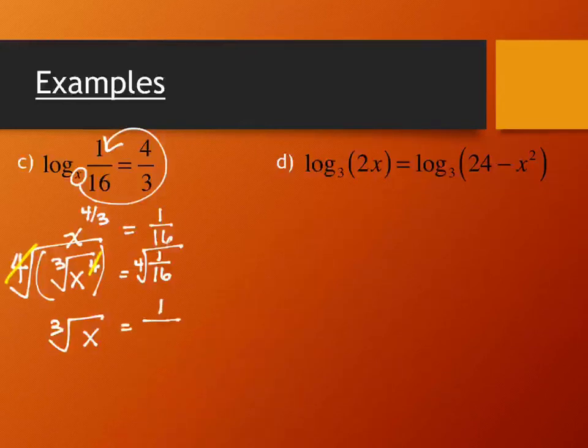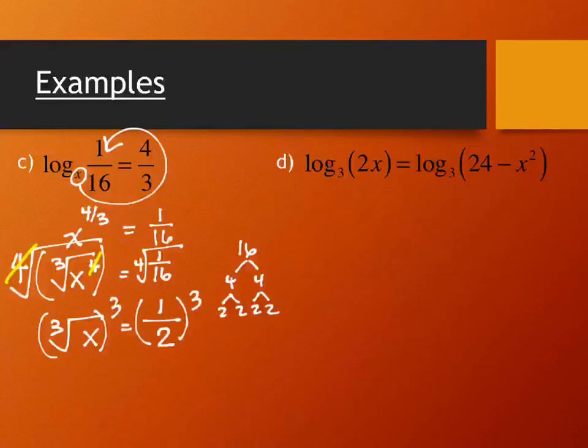This is a 1 on top and it is a 2 on bottom. The fourth root of 16, right? If I were to take 16 and break it down, I'd get 4 and 4 and I'd break it down again and I'd get 2, 2, 2, and 2. The fourth root of 2 to the fourth is 2. And then if I cube it, I have 1 on top and 8 on bottom.